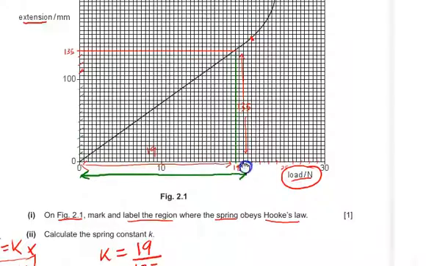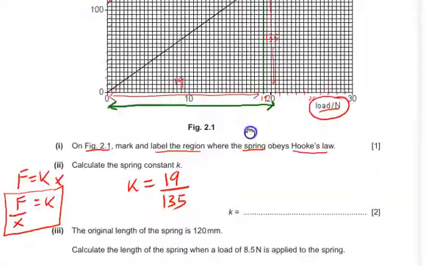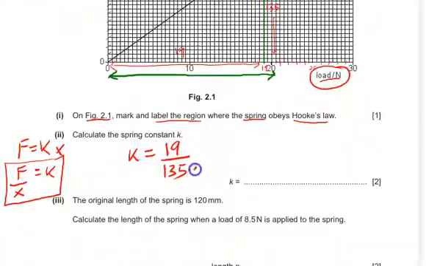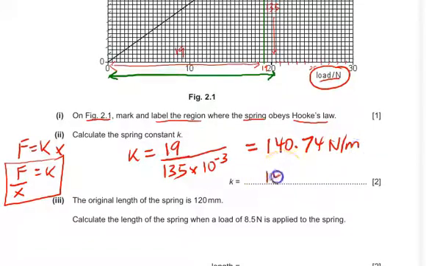Alright, so this is a millimeter, so you need to times with 10 to power of negative 3. So please take note of this. So the calculation here, I'm getting about 140.74. Alright, so this is a Newton per meter.